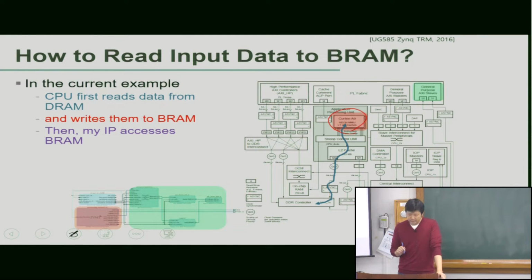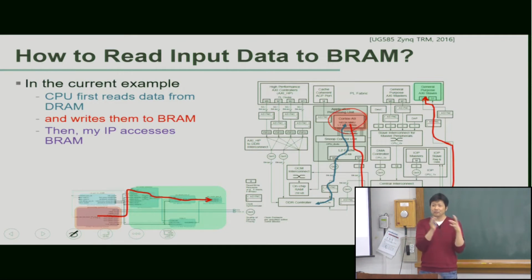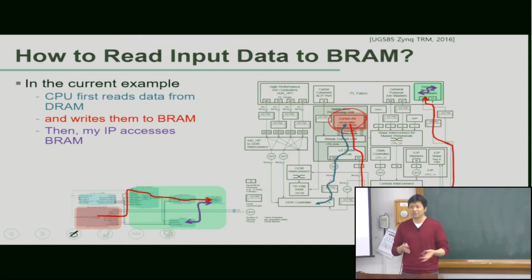So we initially place data on DRAM, the CPU reads it, and it is copied onto on-chip VRAM. Taking this path, we eventually copy this block of data into VRAM, block RAM. Then my IP, whether the shifter or some fancy matrix multiplier or whatever hardware block you design, can access this data through VRAM. That's our current design.